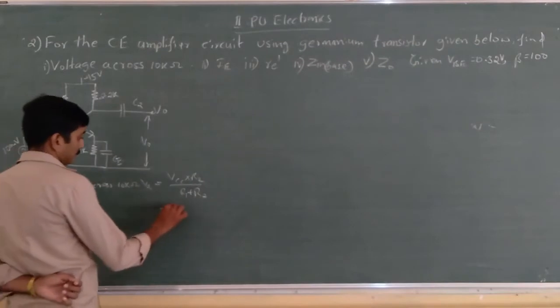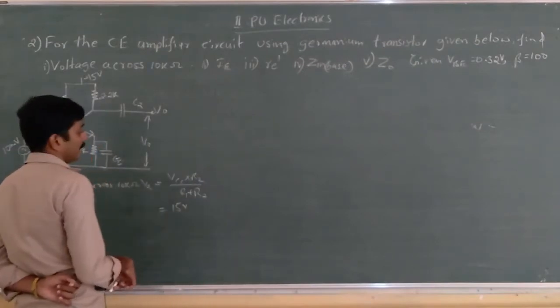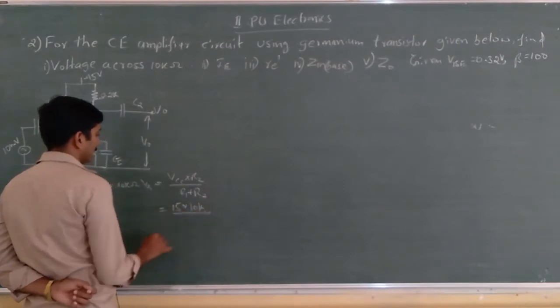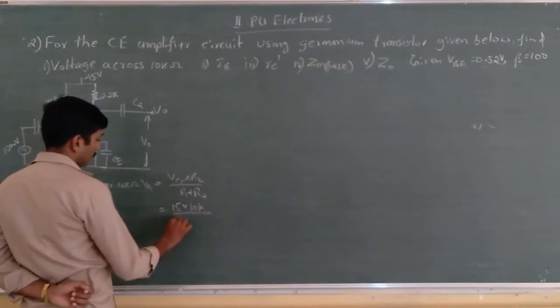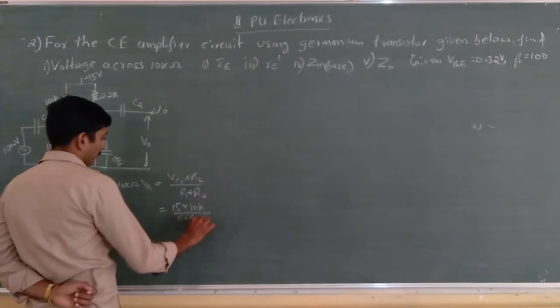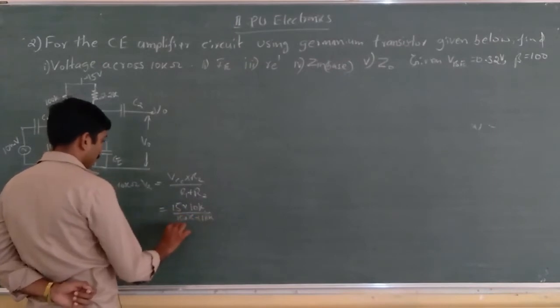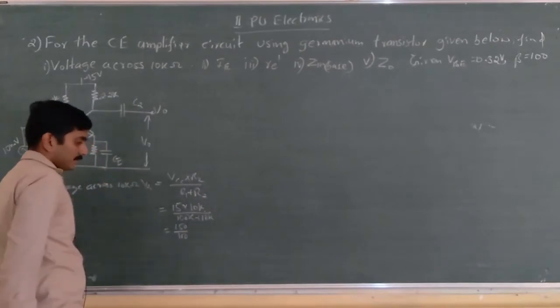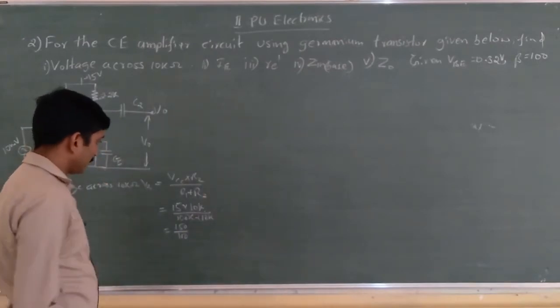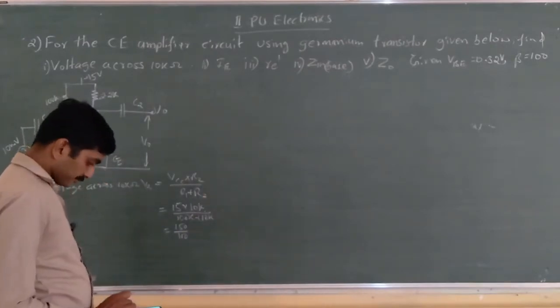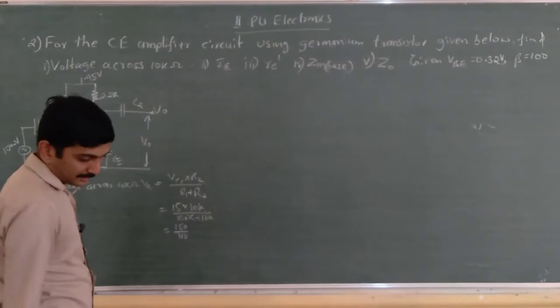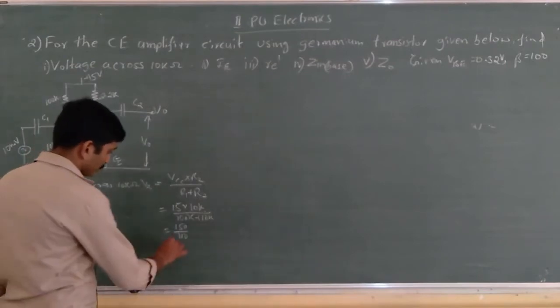So, that is very important. 15 into R2, 10k, divided by R1 plus R2, 100k plus 10k. This is 150 divided by 110. Now, kilo cancels, this answer is 1.36 volt.